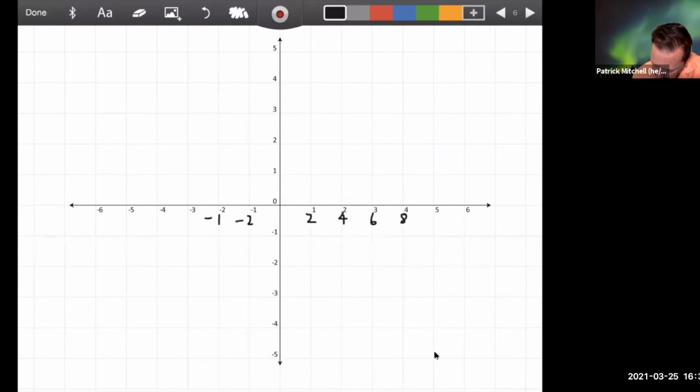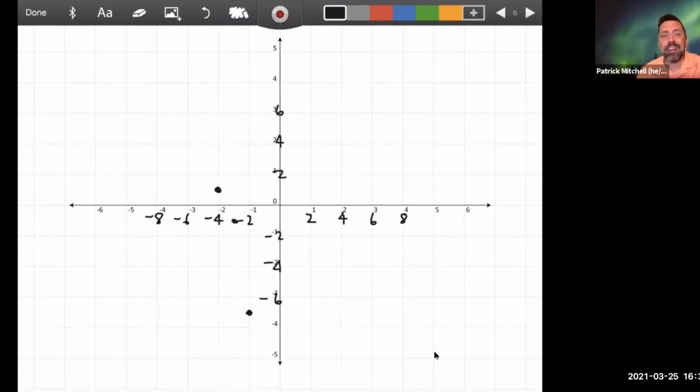So once again, I'm going to make each one of these worth 2, and also on the Y. My vertex was at the point -4, 1. Then I had a point at -3, -1, which is right about here. And I had a point at -2, -7, which is all the way down here.